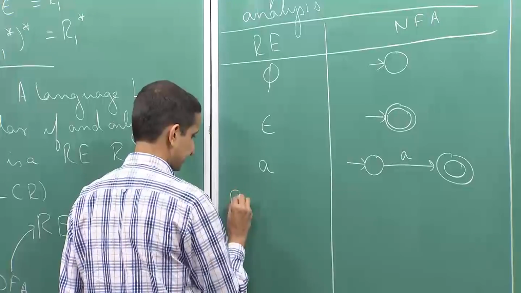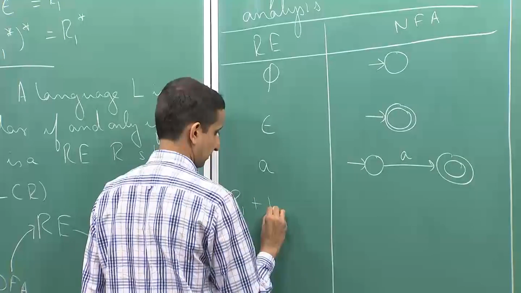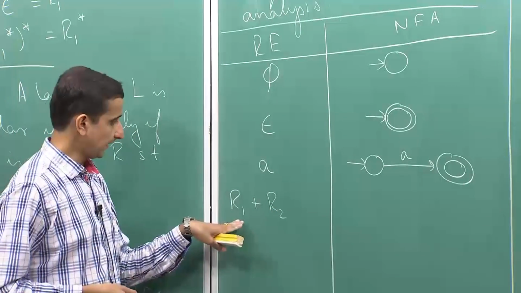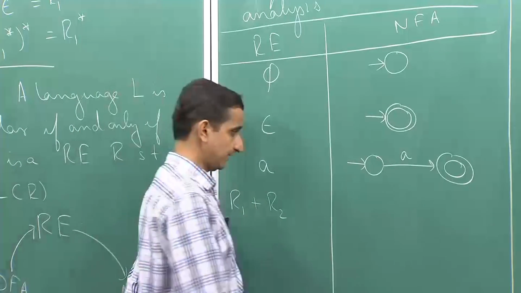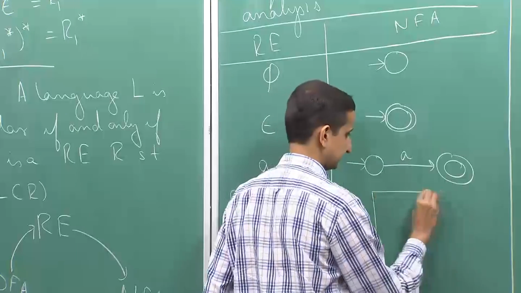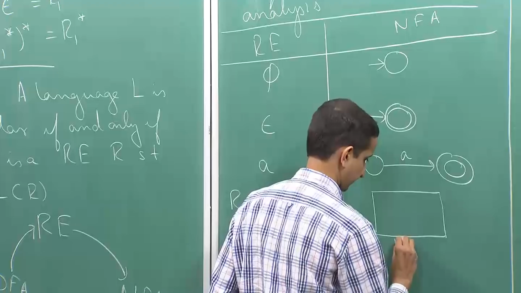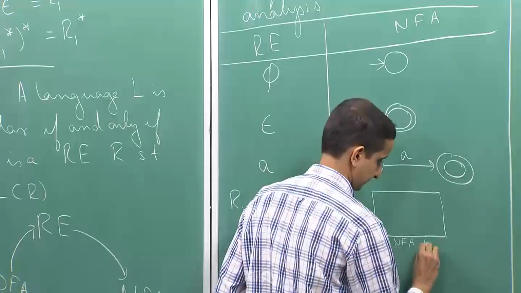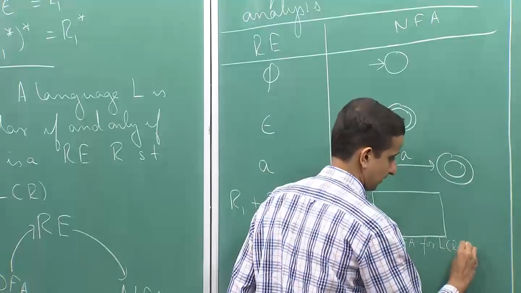If we have a regular expression R1 plus R2, by induction we assume that we have an NFA for R1. So, let us say that this is my NFA for L of R1.